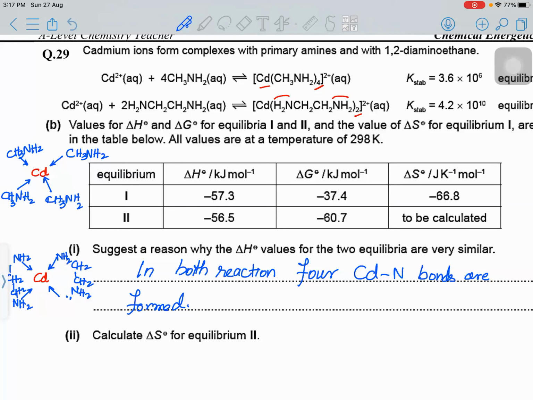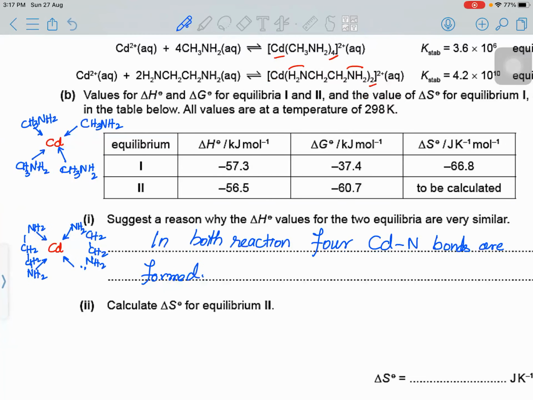Now next, calculate delta S for equilibrium 2. All the values are given, just use the formula.